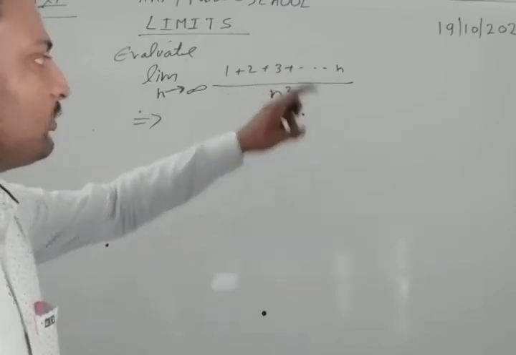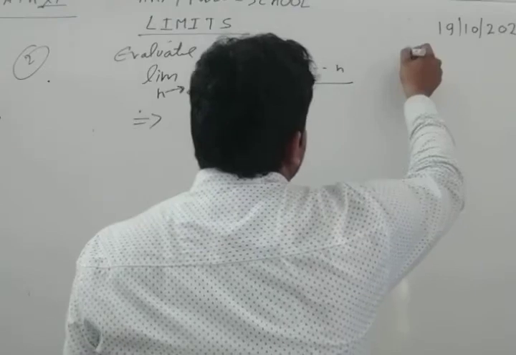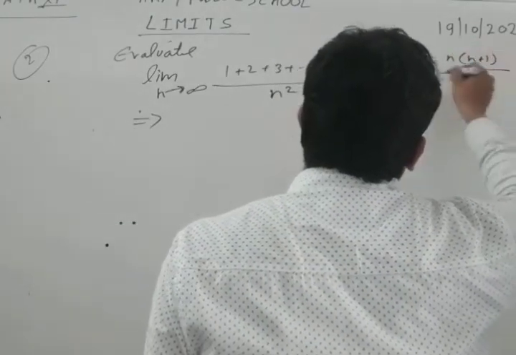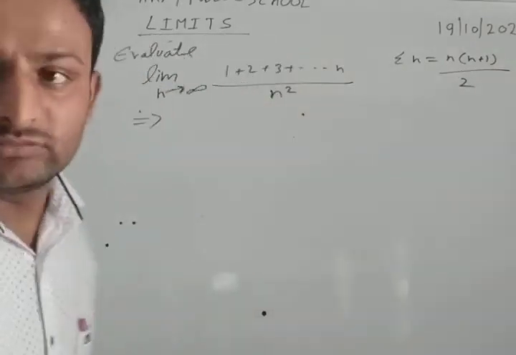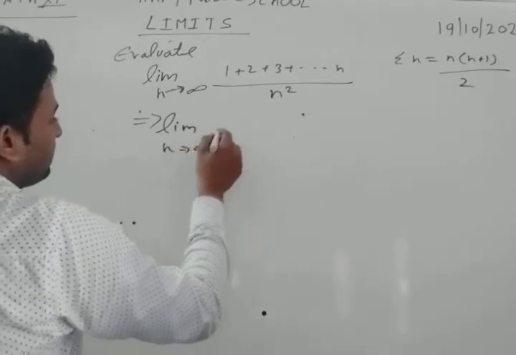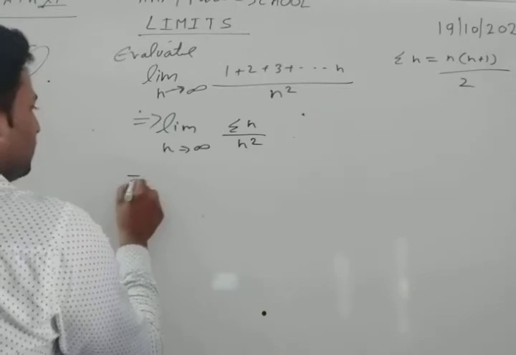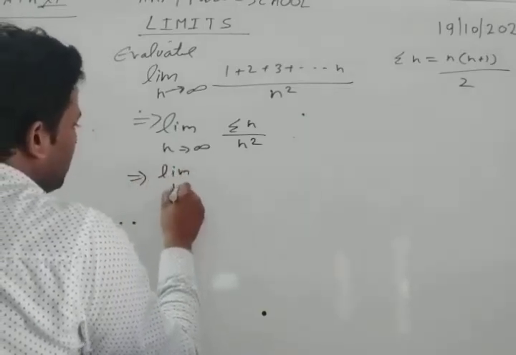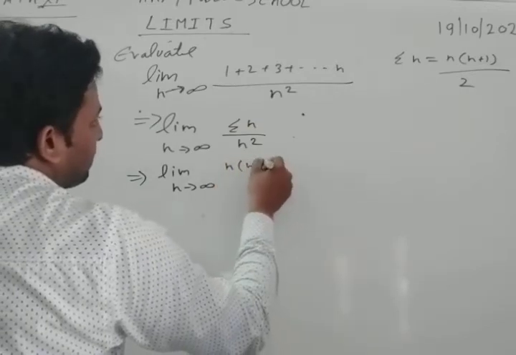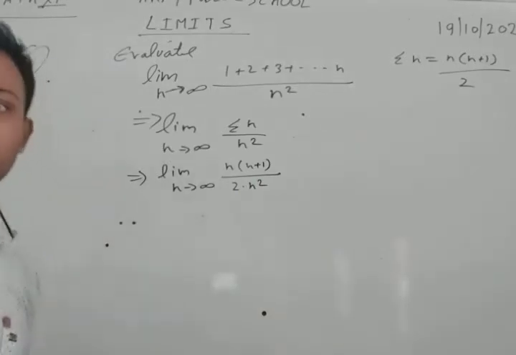So 1 plus 2 plus 3, this is what? This is summation n, and the value of summation n is n(n plus 1)/2. We already know it. So we write limit n tends to infinity of summation n upon n square, which is n(n plus 1) by 2 into n square.